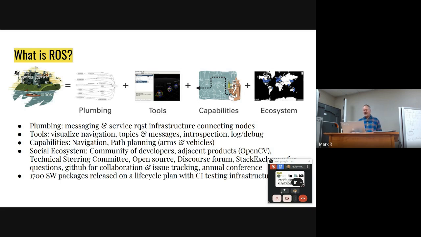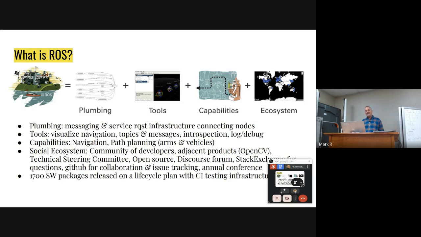There's a Stack Exchange for asking questions, a GitHub for collaboration and issue tracking, an annual conference. So it's really quite a big worldwide social system aimed at the production of flexible robot software.